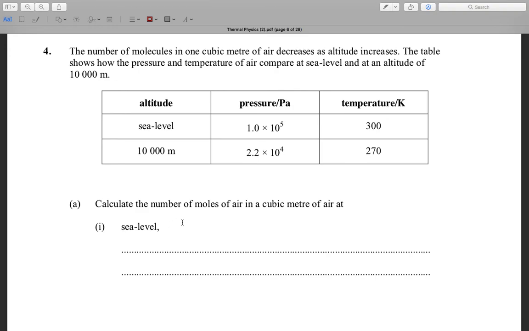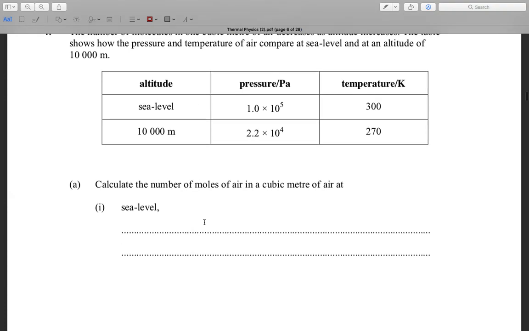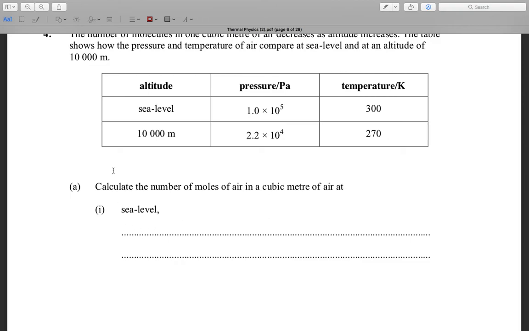Calculate the number of moles of air in a cubic meter of the air at sea level. We use the ideal gas formula, n equals PV over RT.